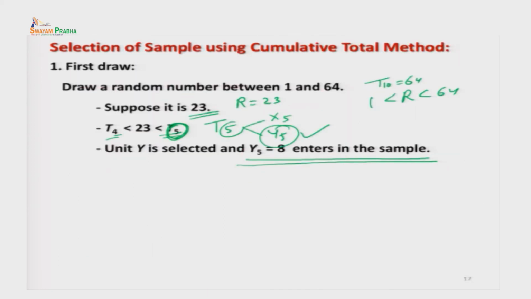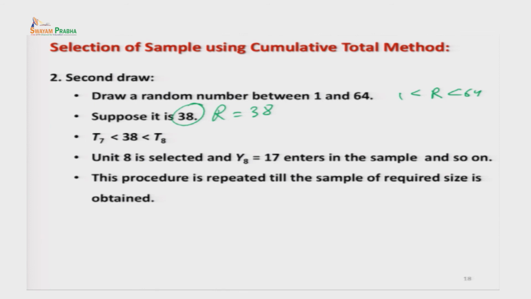So now 38 is lying between T7 and T8, so the 8th unit will be selected. Now 8th unit means what, X8 or Y8? Y8, because X was used only to help in the selection of Y.